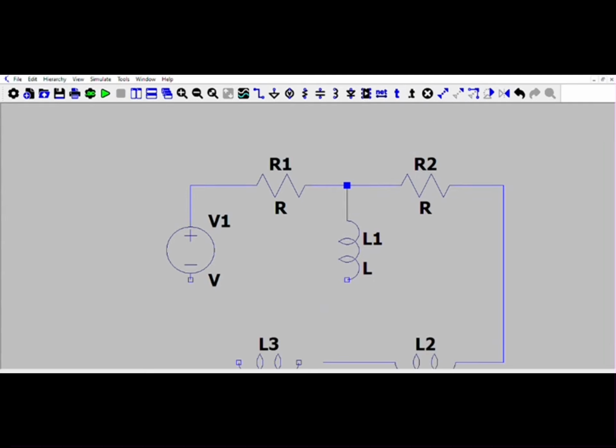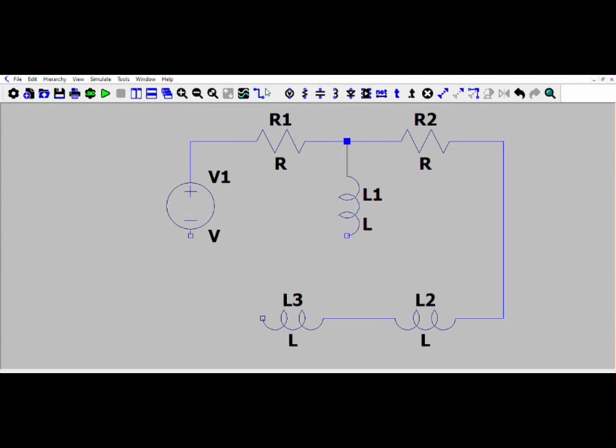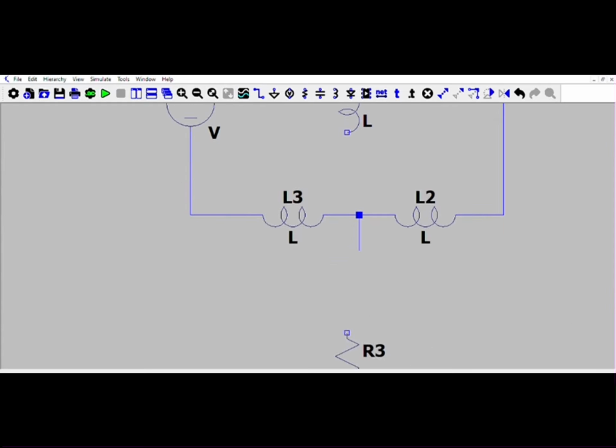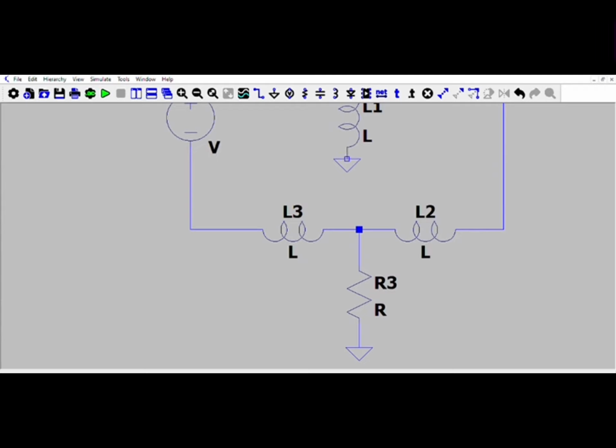You just rotate it, because it's not always vertical in landscape. And then you put the resistor there, resistor 3. And don't forget about the ground, because if you don't put the ground, then your simulation will not occur.